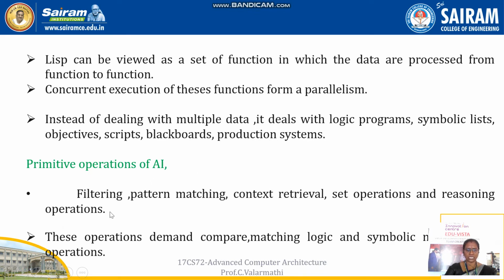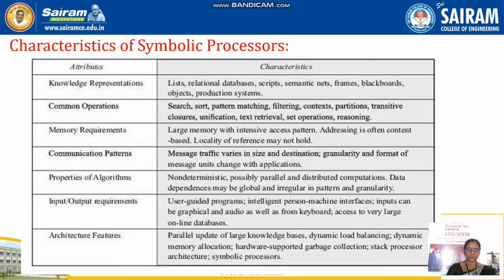These operations are considered the primitive operations of AI. They demand comparison, matching logic, and symbolic operations. So the primitive operations of AI are executed and designed in symbolic processors.